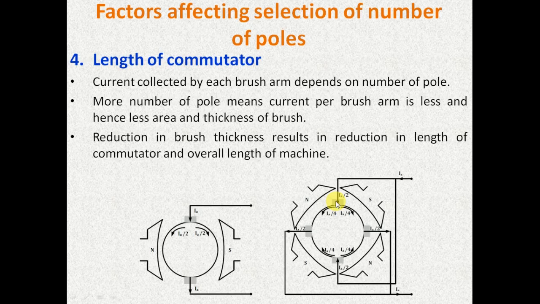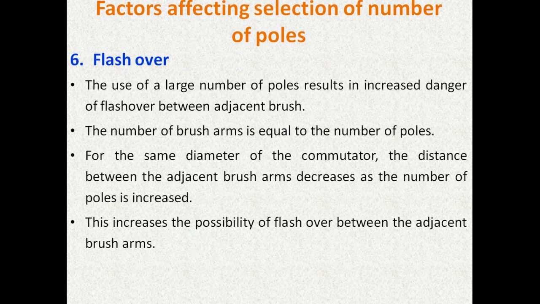So as the number of poles increases, the distance between adjacent brush arms gets reduced. This reduced distance increases the possibility of flashover between them, which is not a favorable condition.